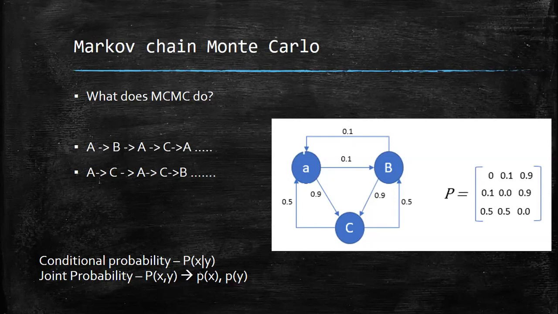So let's look at an example. If we begin with a random state A, then we know that we can go to state B with 0.1 and state C with 0.9.